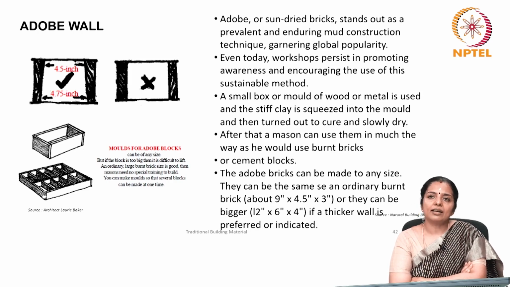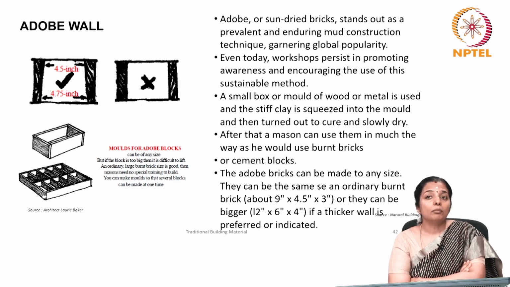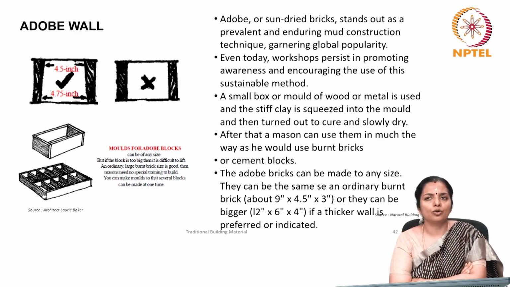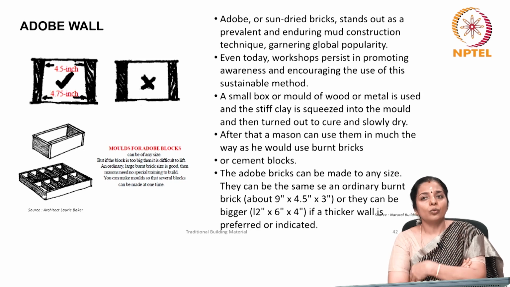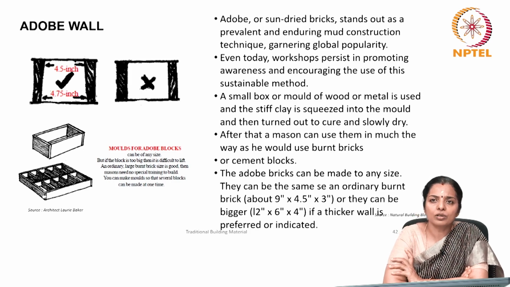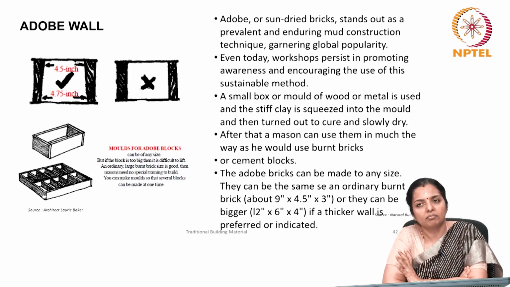Now, these sun-dried bricks stand out as a prevalent and enduring mud construction technique because it's getting a lot of global popularity. Even today, there are so many places where workshops are held to promote awareness, to encourage the use of this sustainable method. All you need is a small box or mold of wood or metal.